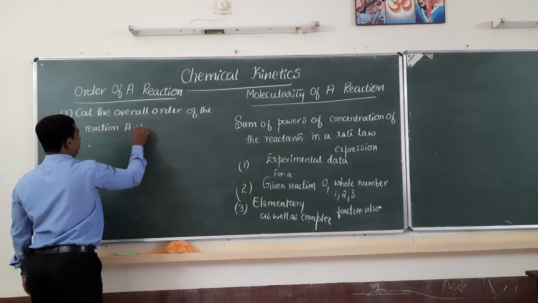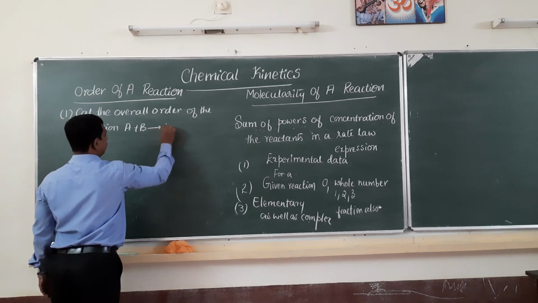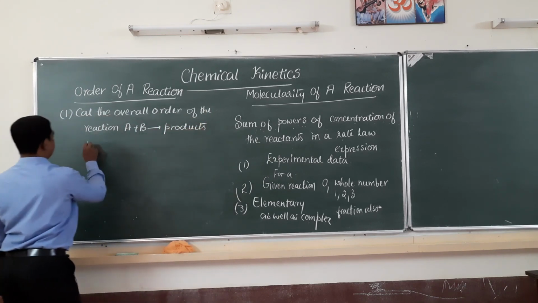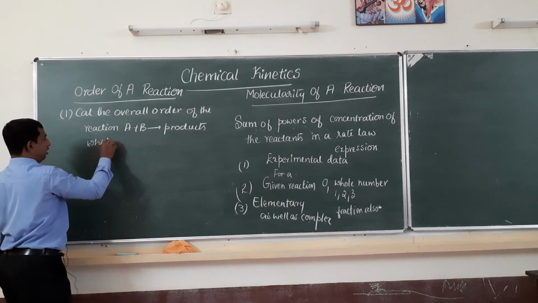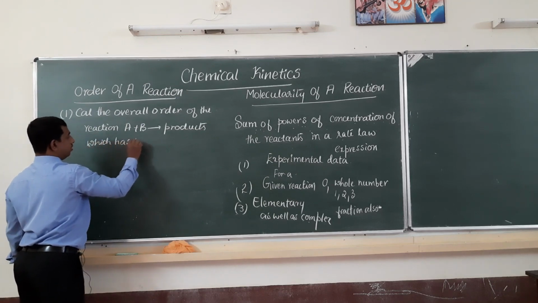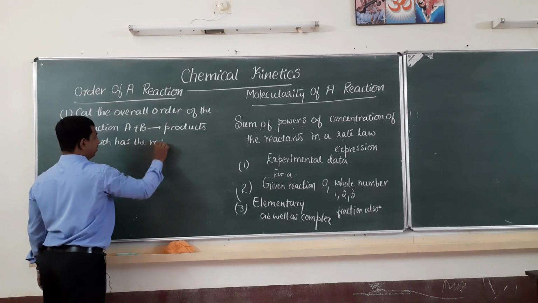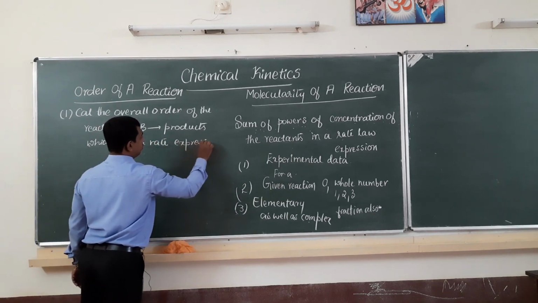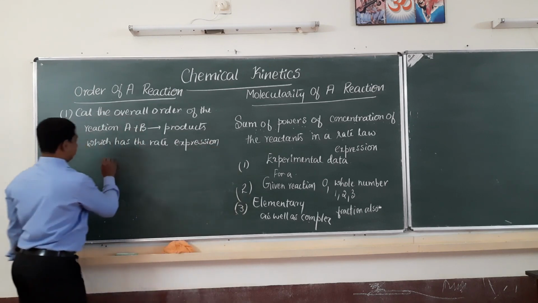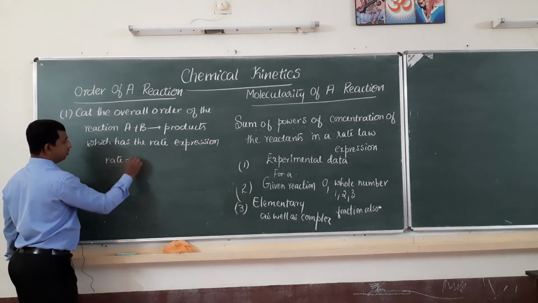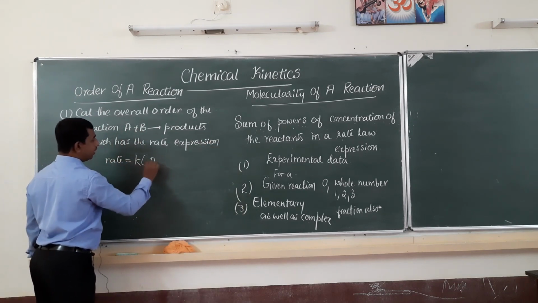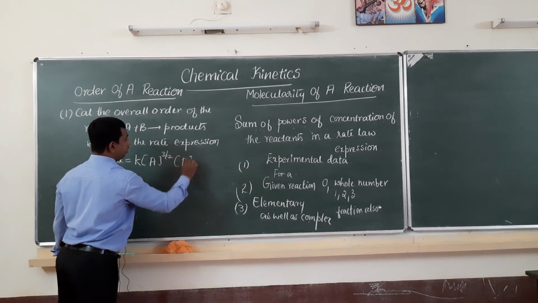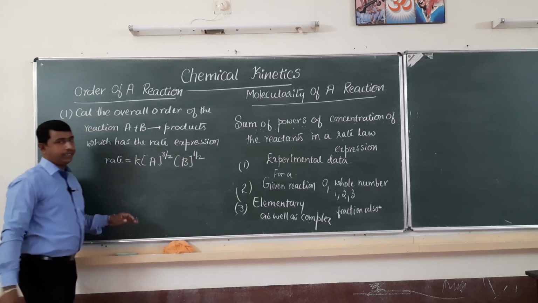I will take A plus B giving products, which has the rate expression, that is rate equal to k into concentration of A power 3 by 2, concentration of B power 1 by 2.